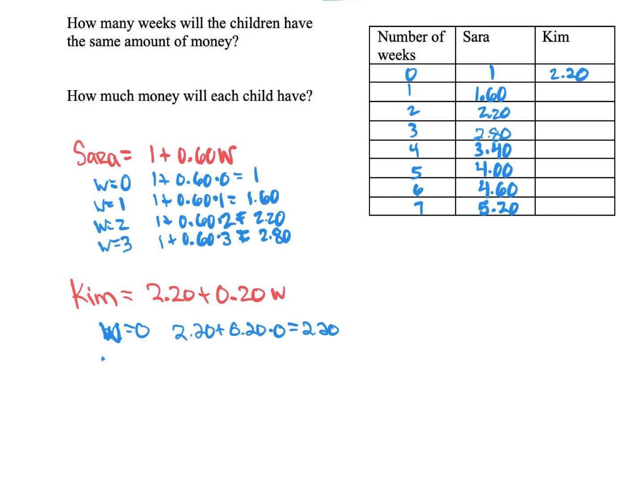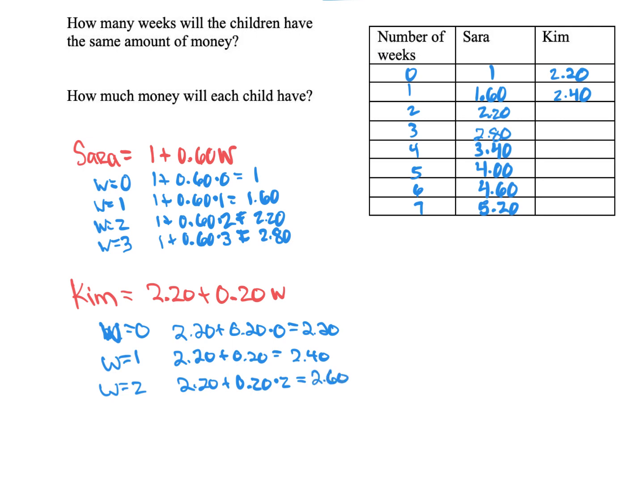So that's week 0. Week 1 is 220 plus 20 cents. Okay, so that's 240. What about week 2? 220 plus 20 cents times 2. If you put that in the calculator, that's 260.